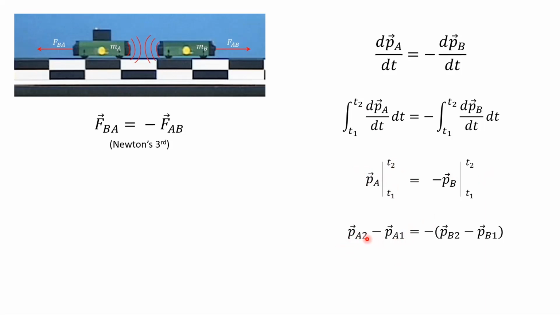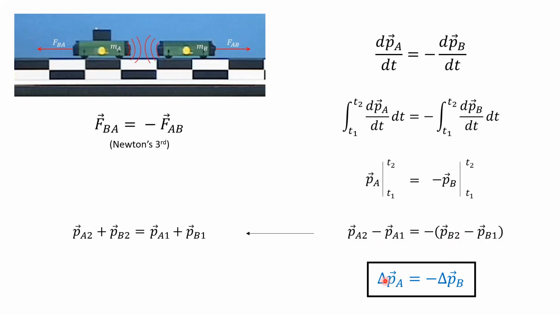This is final minus initial momentum for cart A. Inside the parentheses, we've got final minus initial momentum for cart B. So, of course, we can rewrite that as just delta P sub A. That's the change in cart A's momentum. That was the equation I wrote down just a few slides ago. Okay? The Newton's third law version of the conservation principle.